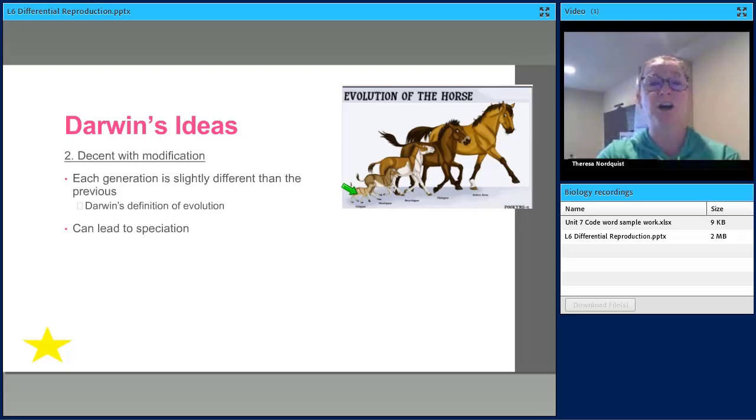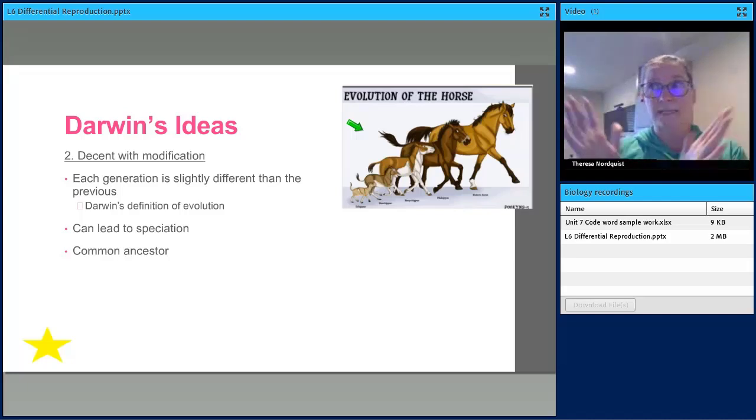So this is a long, long process. It takes a long, long time to lead to speciation, where you have so many things that are different and changed, but it has happened. Now, the idea of descent with modification and leading to speciation also encompasses the idea of a common ancestor.